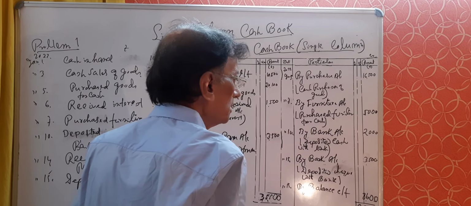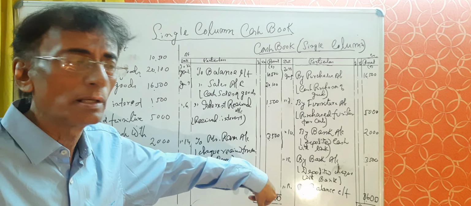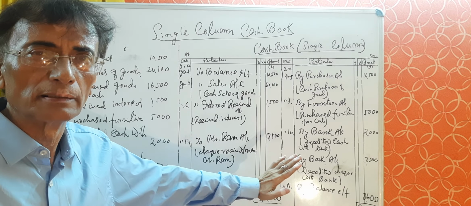Balance is 8,600. The difference between two sides of this cash book is 8,600. That's it, the closing balance on 15 Jan.